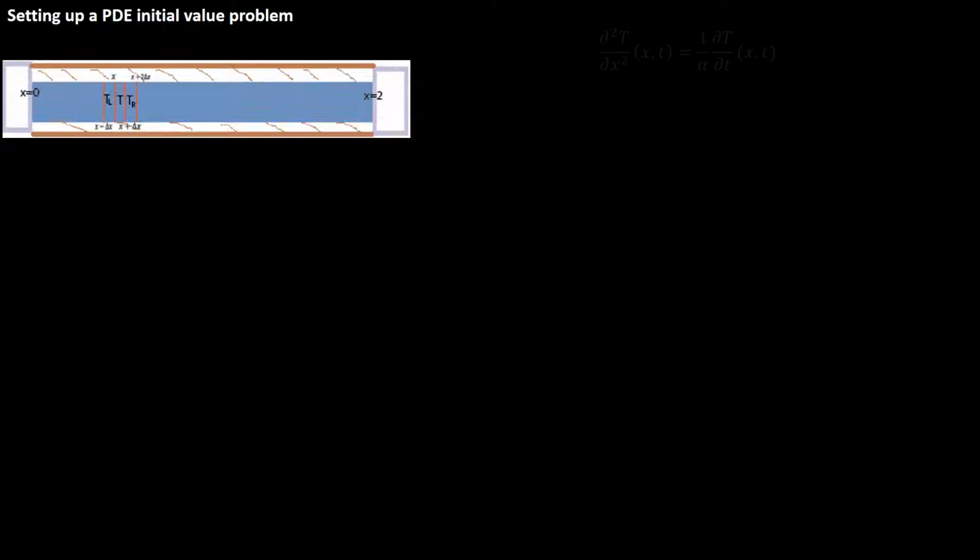So we've rewritten it here, and we know that the rod started at 100 degrees Celsius at time 0, so we know that the temperature at any position x at time 0 was 100.